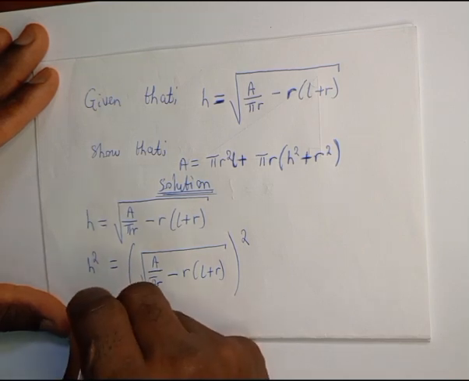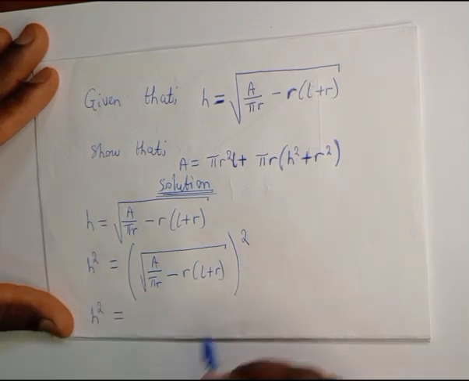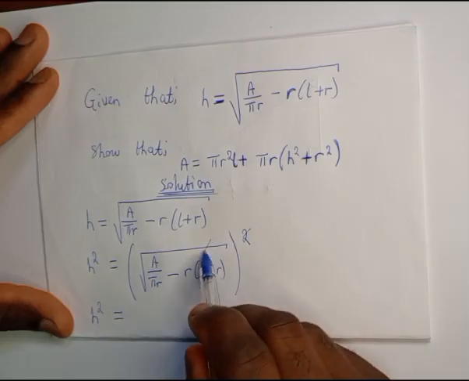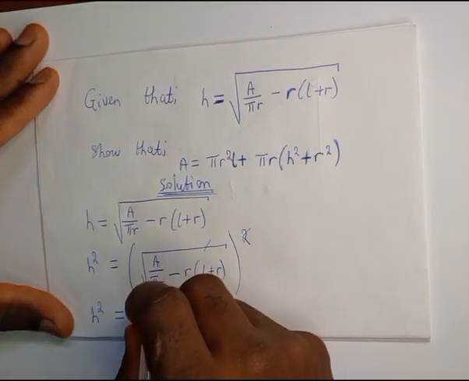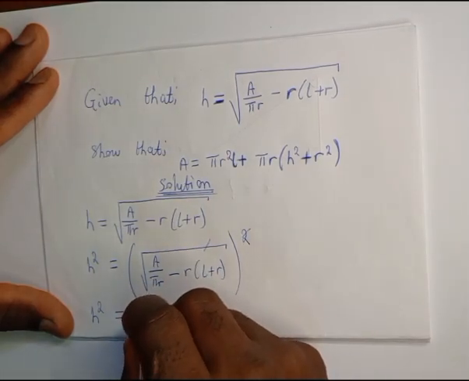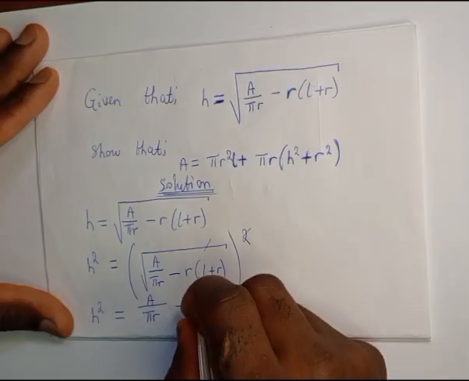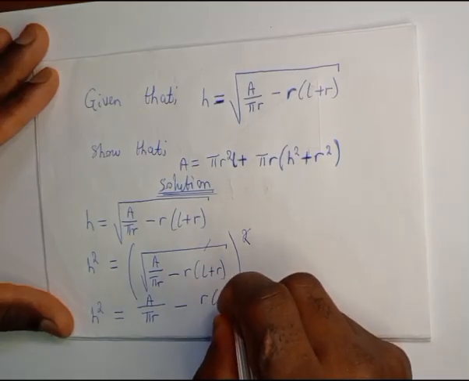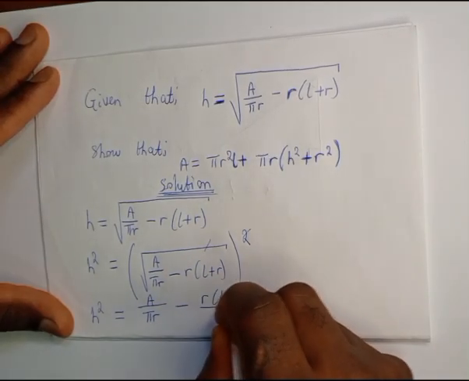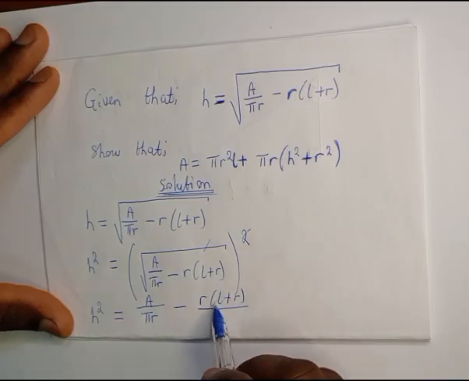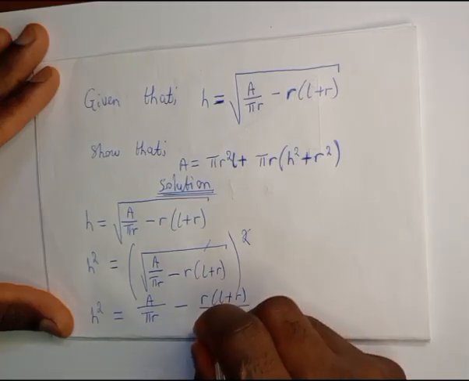This will give us h squared to be equal to this, and this will strike off. We will be left with A on pi r minus r times L plus r, which can be written as r times L plus r over 1.